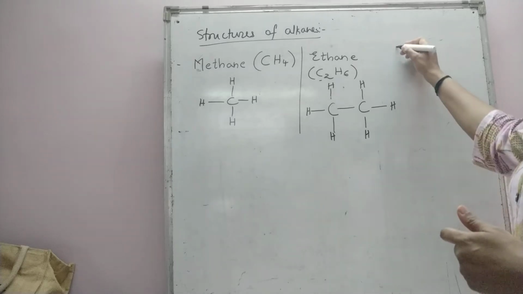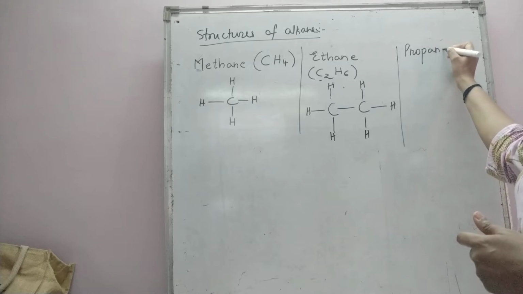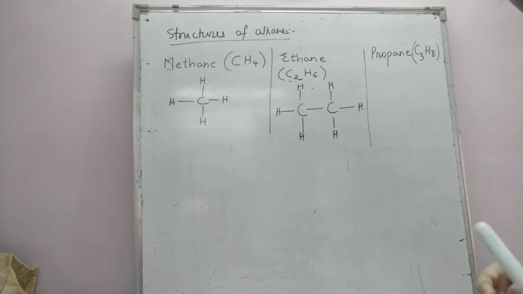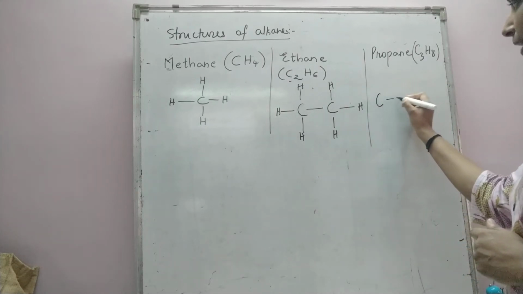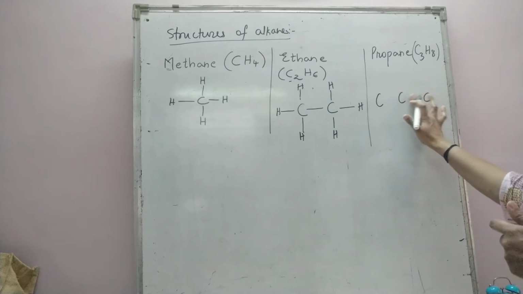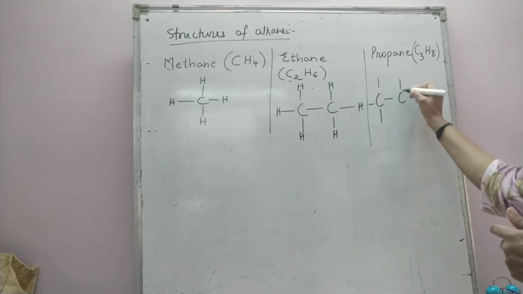Now going to the next member, that is propane. The molecular formula of propane is C3H8. This propane has 3 carbon atoms. Around each carbon atom you put 4 bonds.